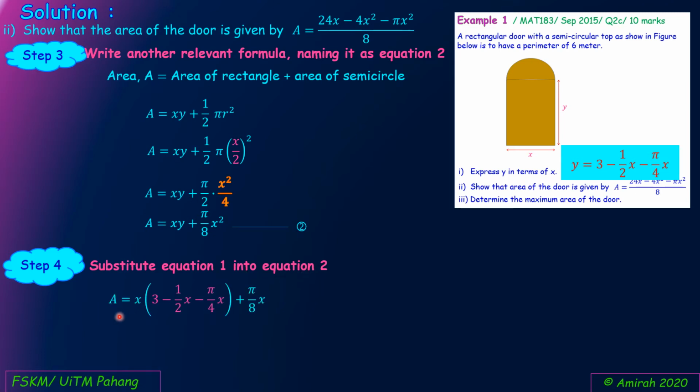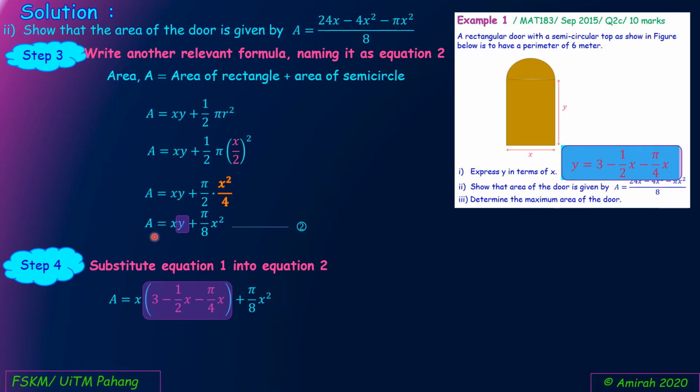So we get A equals x times 3 minus half x minus pi over 4 x, plus pi over 8 x squared. Here y is replaced with equation 1 from the previous slide, 3 minus half x minus pi over 4 x. And then plus pi over 8 x squared.